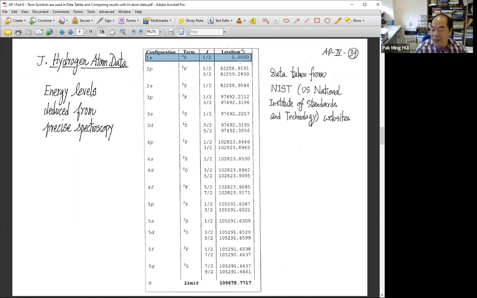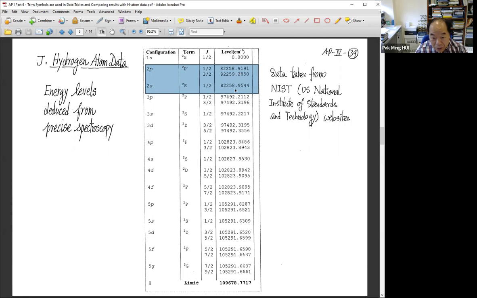The ground state is defined to be 0 so that all the other things look like spectral lines, the difference from the ground state. Now look at the 2S and the 2P. We saw that before, right? They are almost the same.